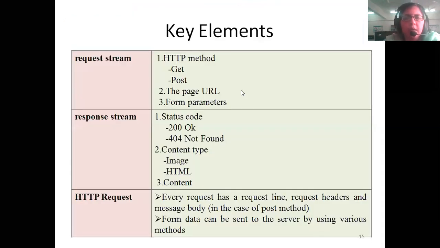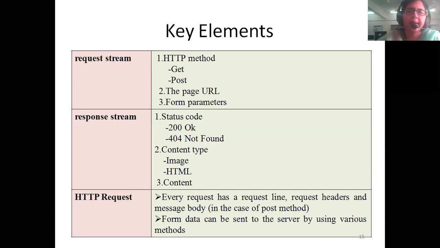Okay. Now let's see some of the key elements. So the request stream here, if you see HTTP method, it is basically the get and the post. Actually speaking, only two methods are predominantly used inside the HTTP methods paradigm. We have the get method and we have the post method.